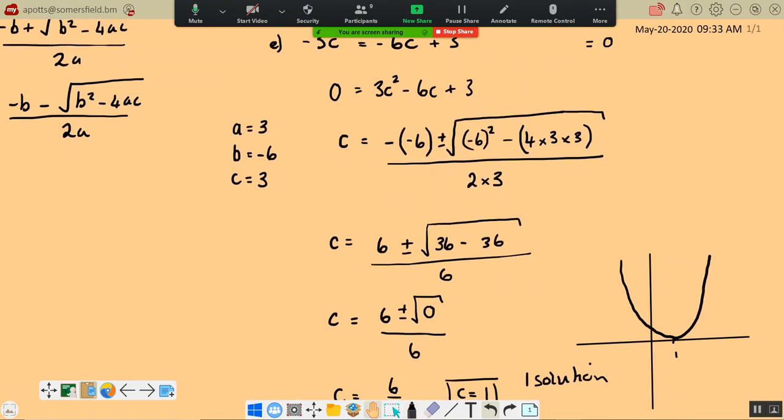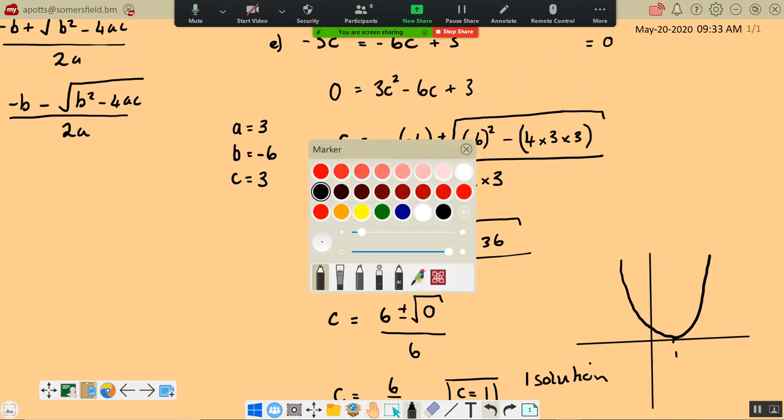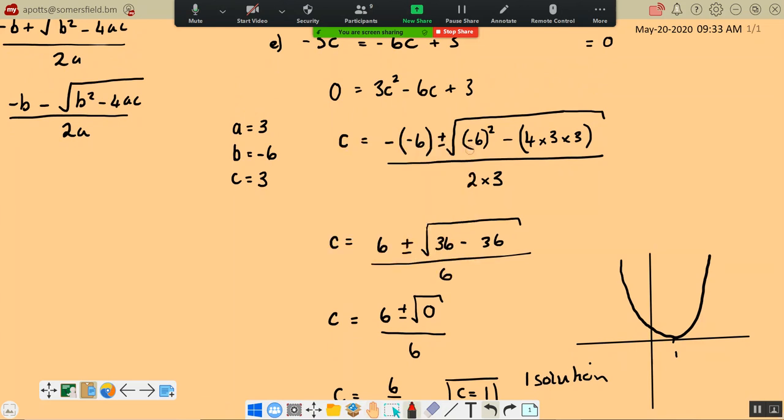Where are the areas of potential slip-ups, guys? Anyone remember doing it and slipping up in certain areas? Yeah, so this bit here, be careful there.